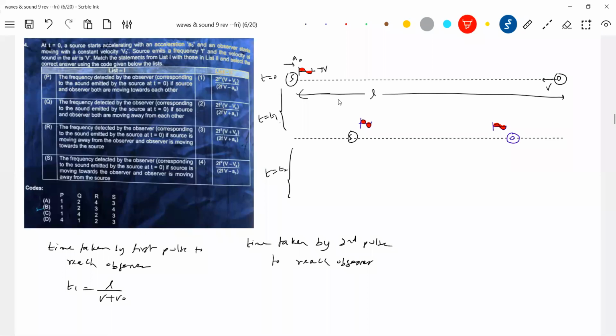Not T1, again, don't take it as T1. The second pulse will be generated after a certain time T. If you say T1, I think we'll be in big trouble.